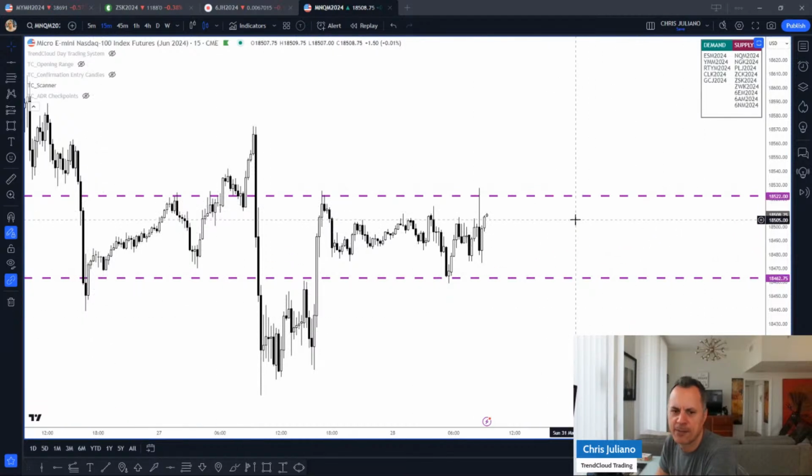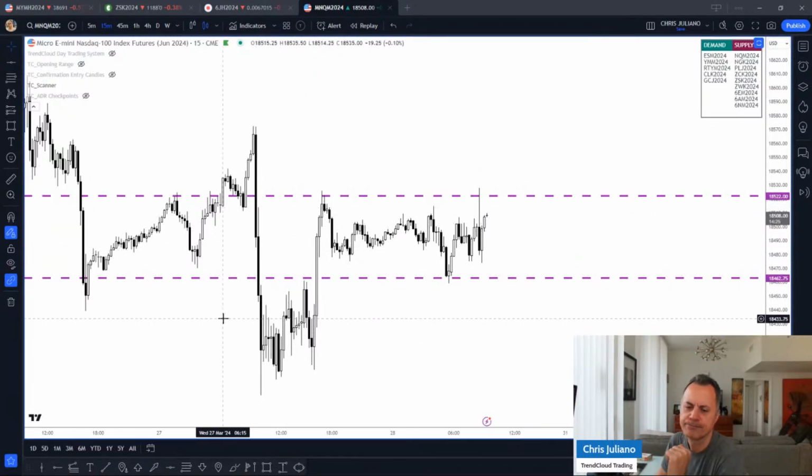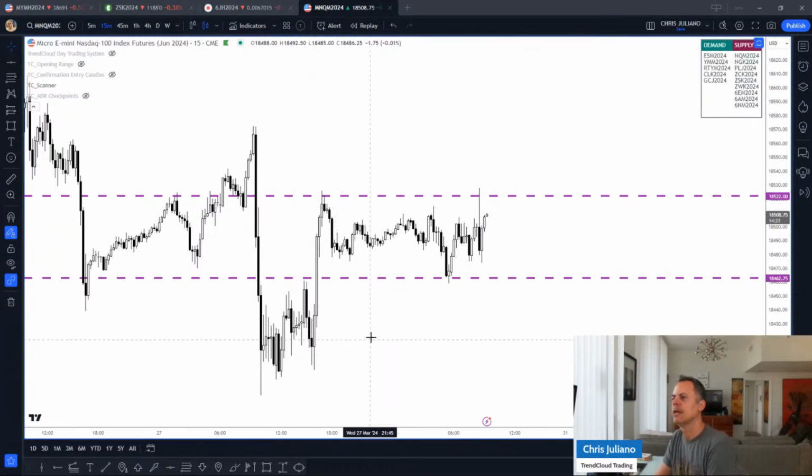And just making that observation, you can pretty much say, well, why don't we wait for a breakout of this area here? And you would have to.